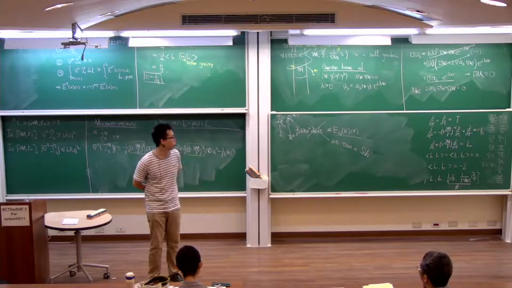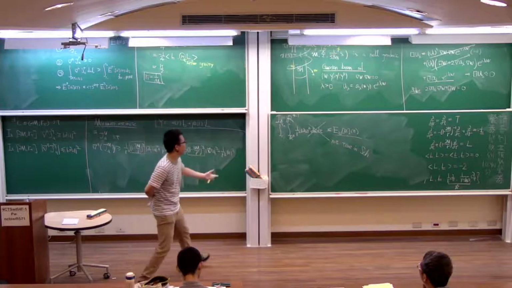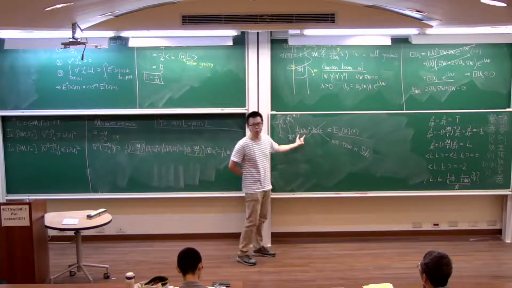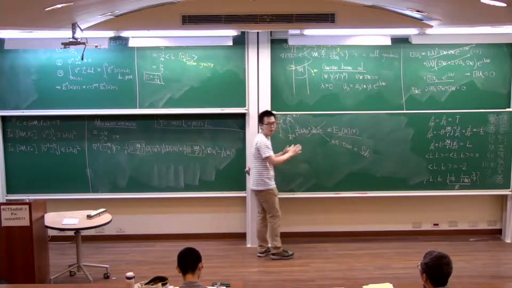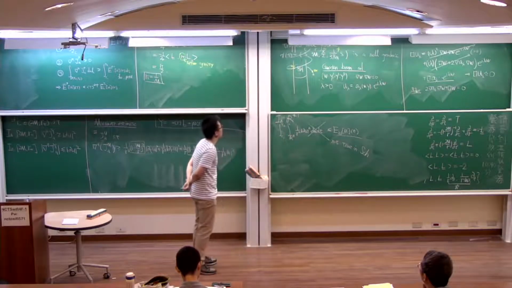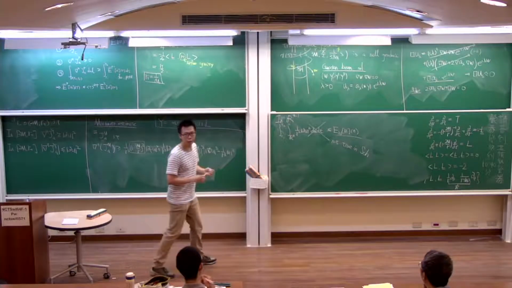At lower frequency you can actually have the Morawetz estimate as before. If you restrict yourself to a low frequency, then one actually does have this. But the trapping phenomenon only occurs at high frequency, corresponding to lambda going to infinity.